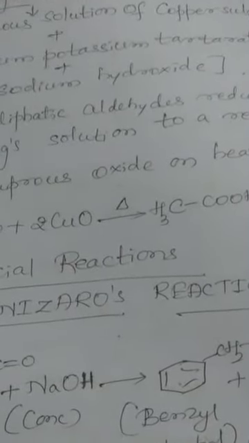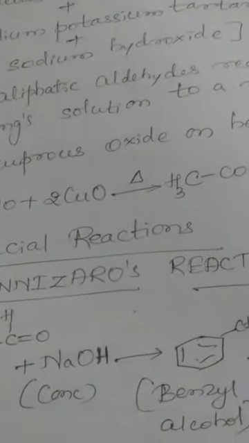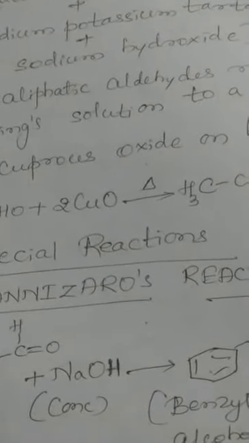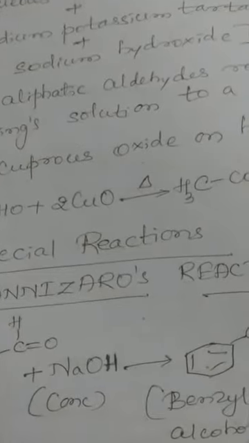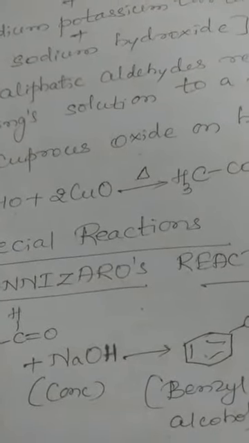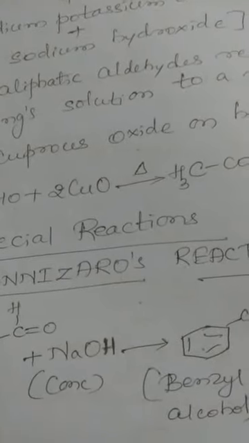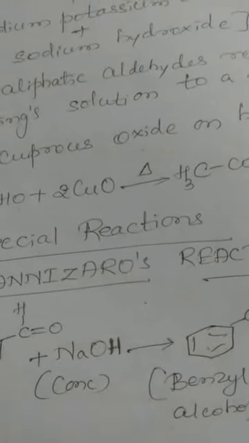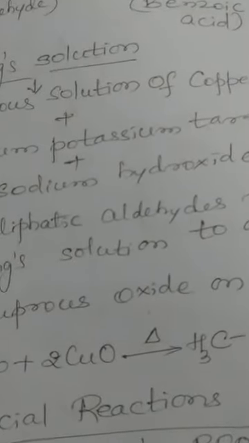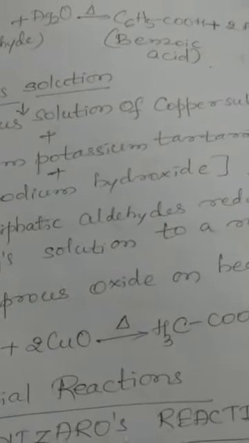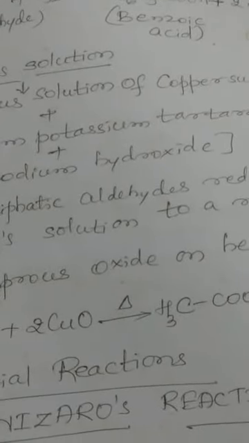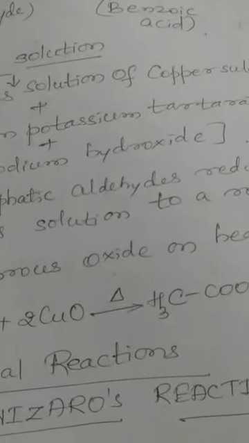The reason why aromatic aldehydes do not reduce Fehling's solution is the conversion of the aromatic aldehyde to the corresponding aromatic alcohol and the sodium salt of the corresponding carboxylic acid by the alkali which is present. I have indicated the alkali here. It is sodium hydroxide present in Fehling's solution. Therefore, only aliphatic aldehydes reduce Fehling's solution.